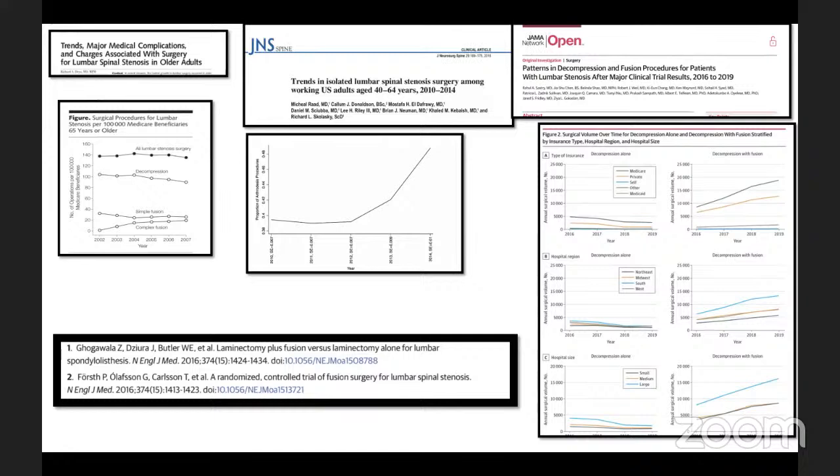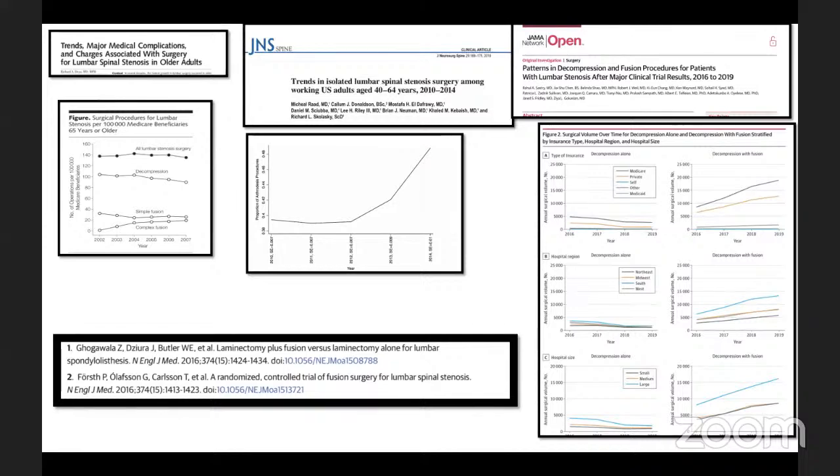The earlier generation saw a lot of only decompressions with really good results, but maybe extensive decompressions had led to instabilities, along with finer details like facet orientations and not doing regular stress views. All these things could be the reason that we were getting a lot of failed backs earlier, which prompted us to get into fusions and fixations.